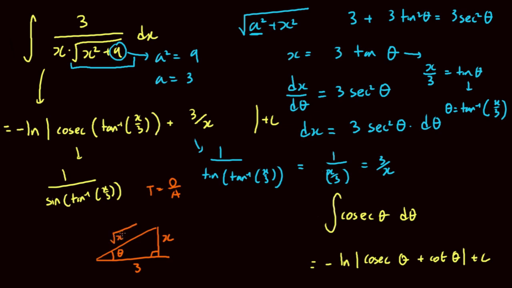This is obviously going to be square root of x squared plus 3 squared, basically square root of x squared plus 9. And we know that sine theta is just simply opposite over hypotenuse, sorry, my apologies. So that will, of course, leave us with x over square root x squared plus 9. So I'm going to erase this, by the way, just to make things a little bit less confusing.